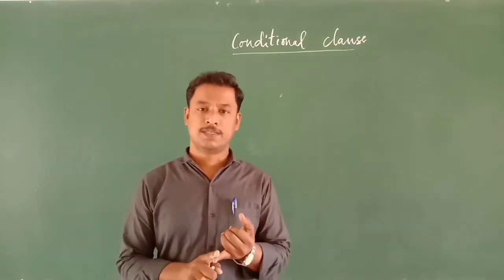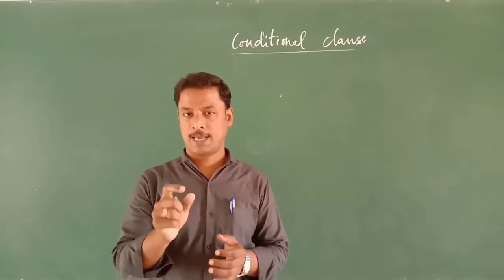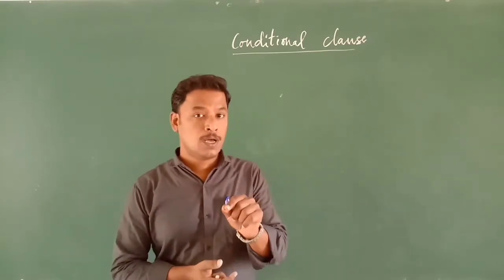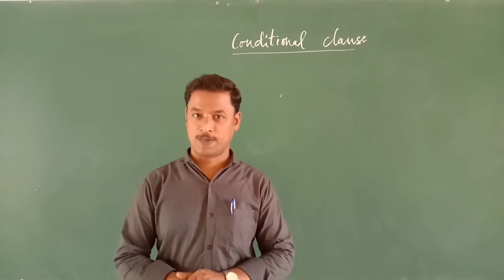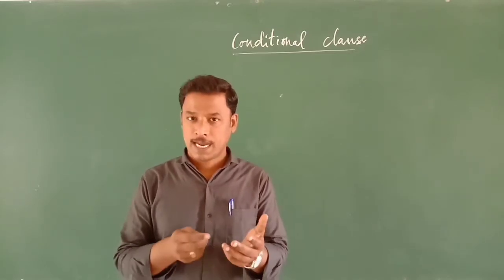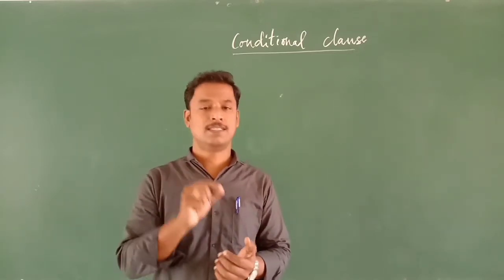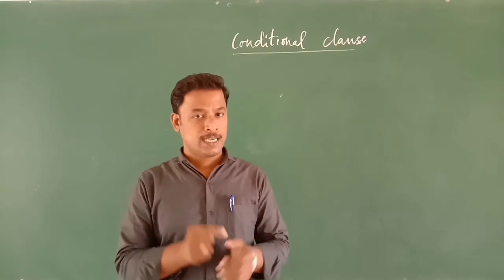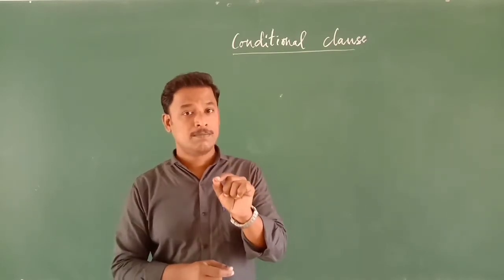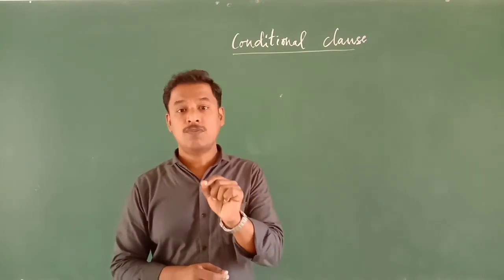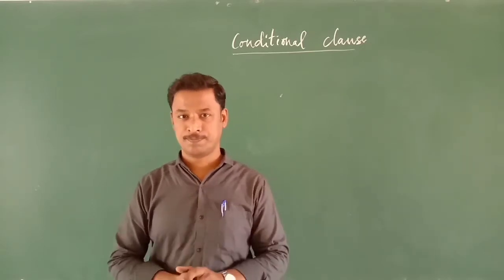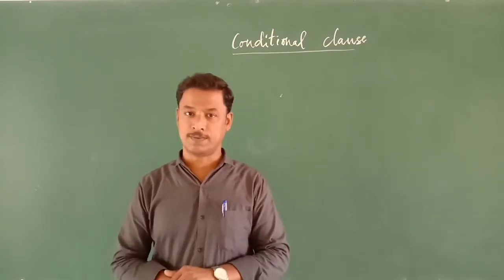So a condition means a rule. That rule must be followed by everyone. Whereas a condition is a necessary situation, a situation that must exist in order for something else to happen. This is called a necessary situation.